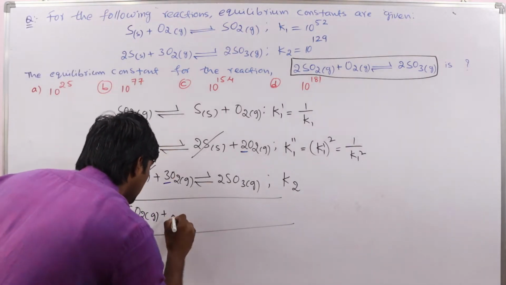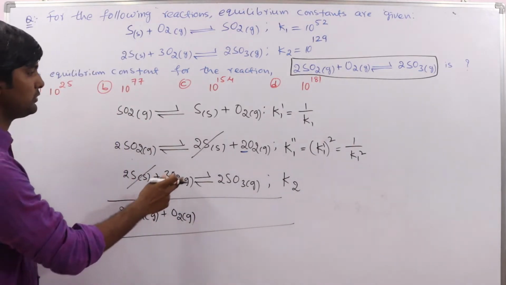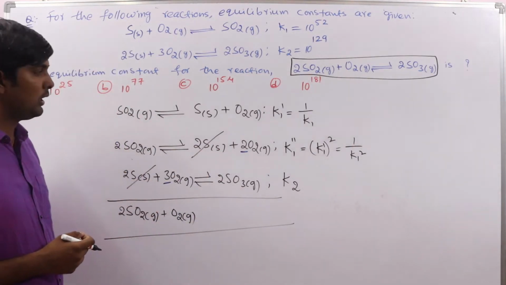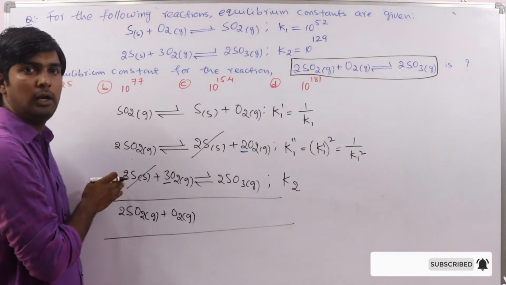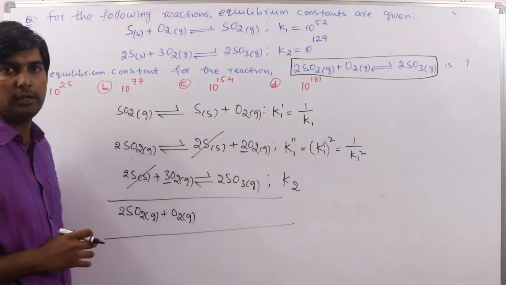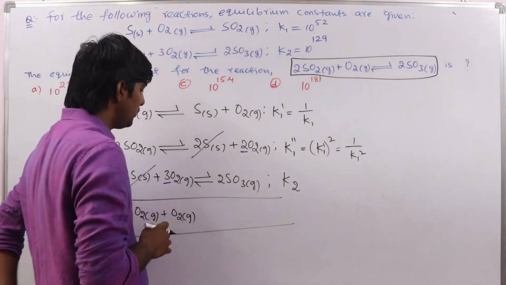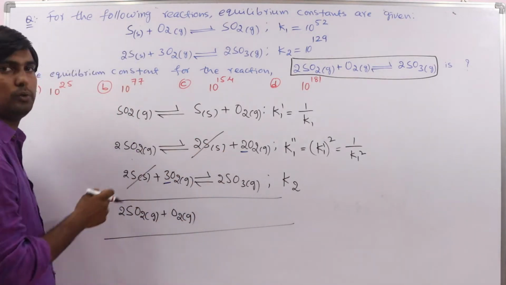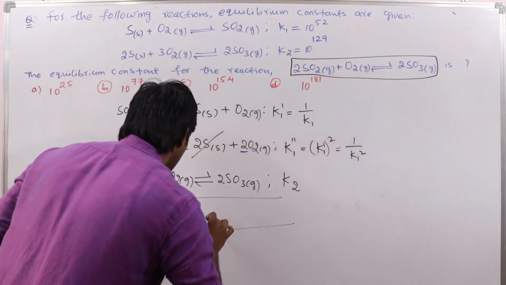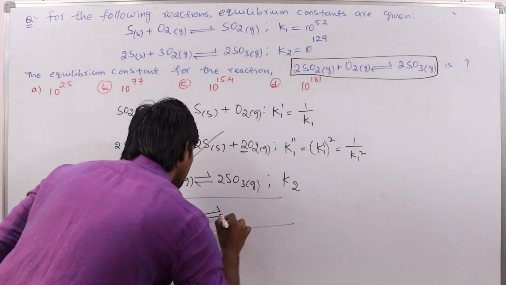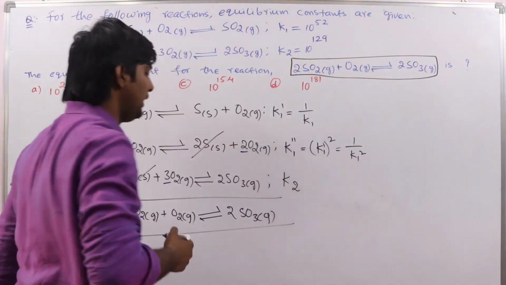In the net reaction after adding, we take the difference between these two. If the same species is present in equal moles on both sides, they cancel and do not appear in the added equation. If they have different moles, we take the difference. 3 moles minus 2 moles is 1 mole, so we have 1 mole of O2, and finally 2 moles of SO3 is left.